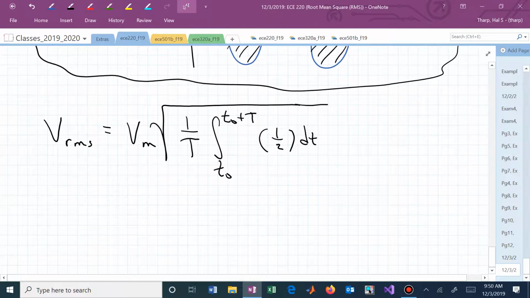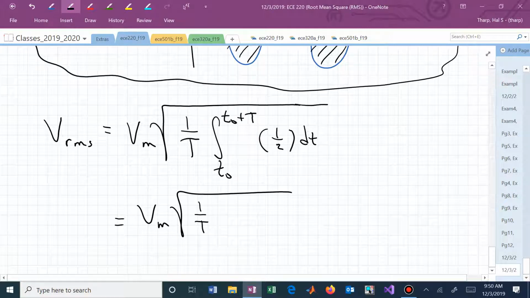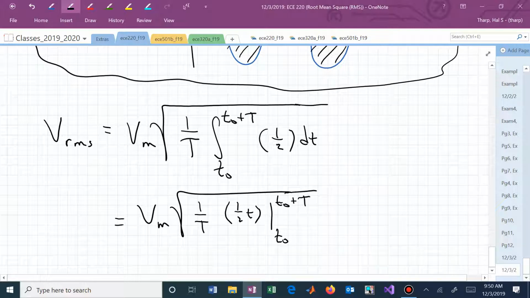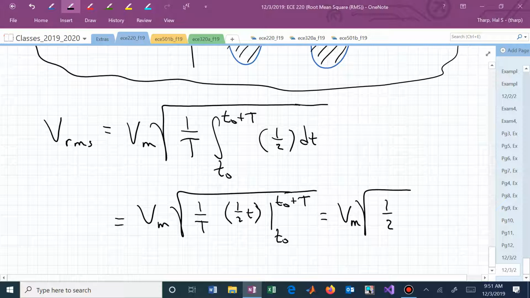And now we simply do the integration. And hopefully you see that the t0's cancel and the capital T's cancel, and we're just left with, under the radical, 1/2.